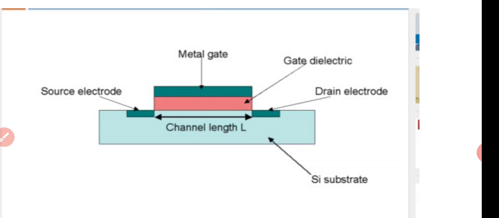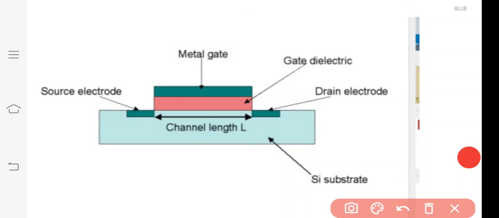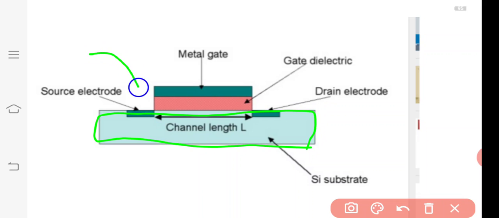It is a semiconductor material, a Si substrate, as shown in the figure. This is the substrate, which is P type or N type. The substrate is drilled at two places, and with metallic contacts there are two metallic contacts, which are the source and drain.